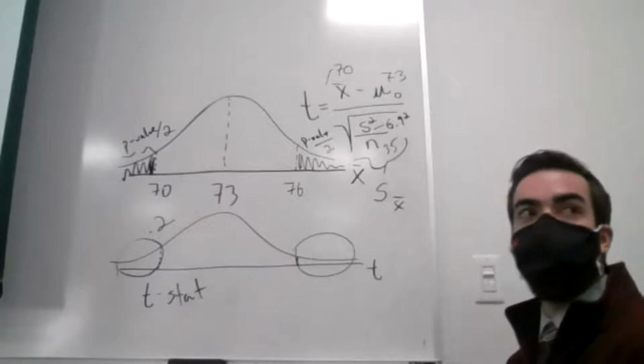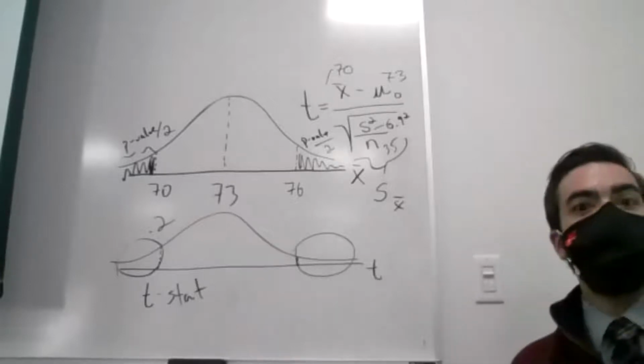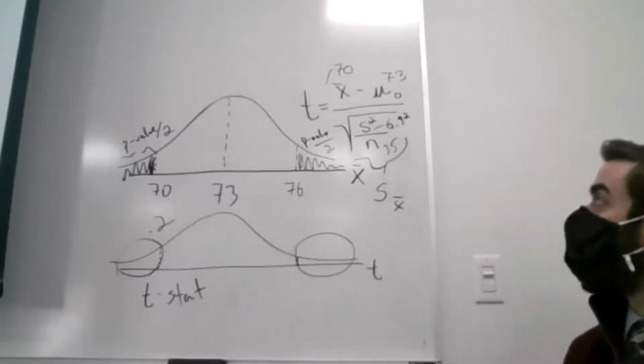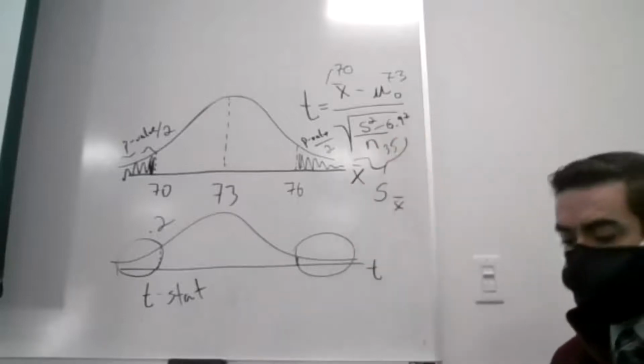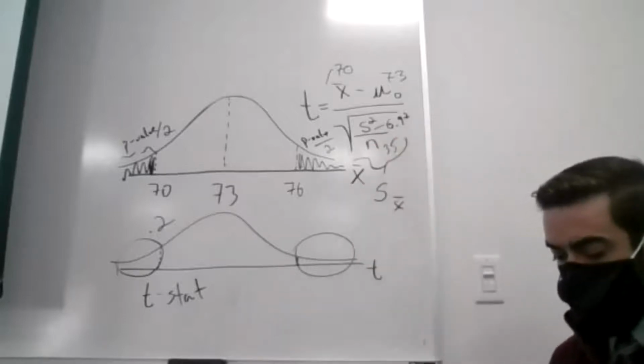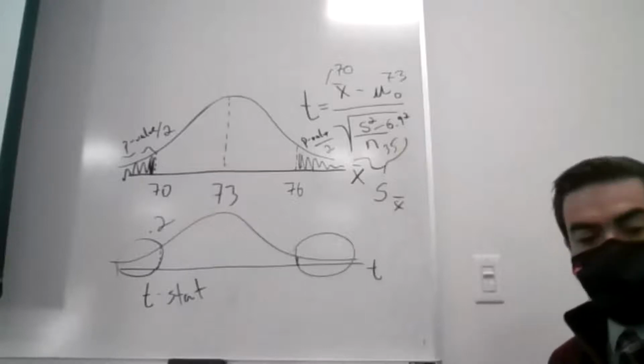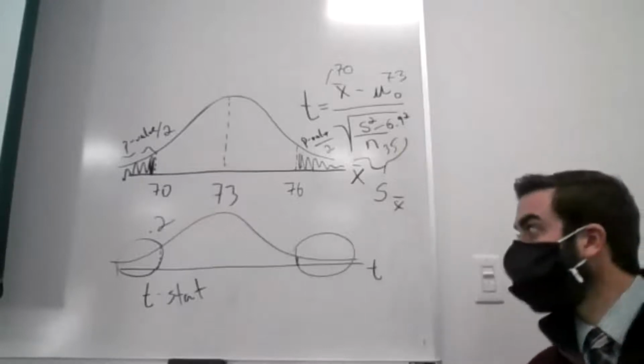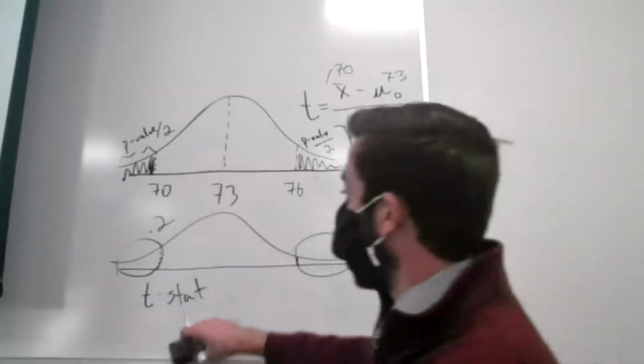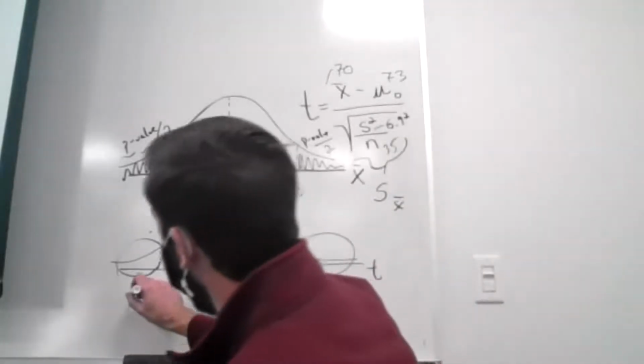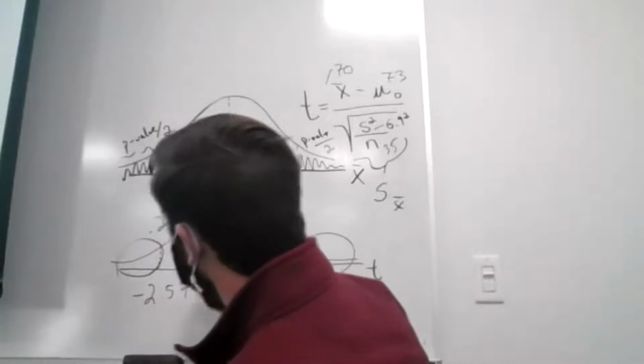If I'm only given the standard deviation, I have to make sure I square it. So if we do that, we get negative 2.57. So our test statistic, if we plug those values in, is negative 2.57, okay?